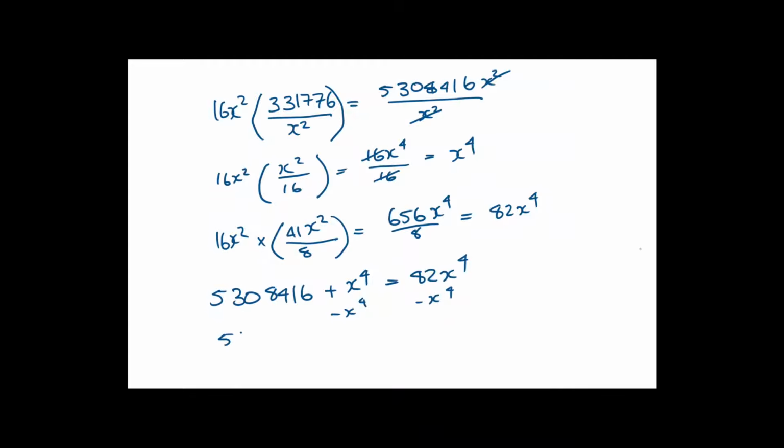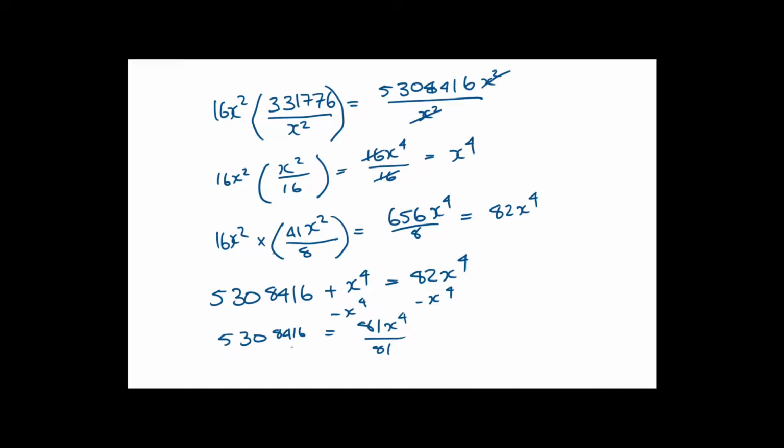And we have 5,308,416. Have we made a mistake there? I think we made a mistake. No, I just panicked. I thought, oh, if I made a mistake there, it seems a really huge number. Nope. It is going to be equal to 81 x to the power of 4.